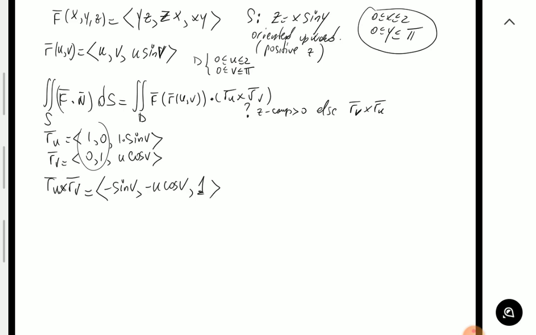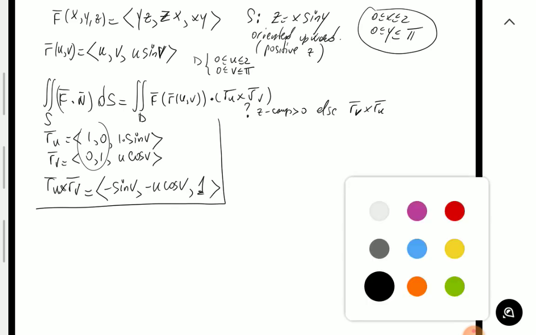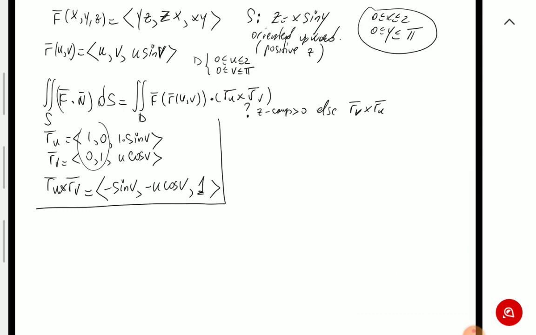Okay, so let's focus now on the substitution. So go back to the parameterization of the surface. You're going to replace u with x, v with y, z with u sine of v into the vector field.